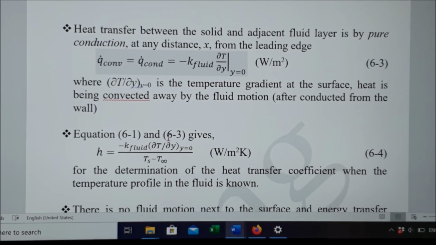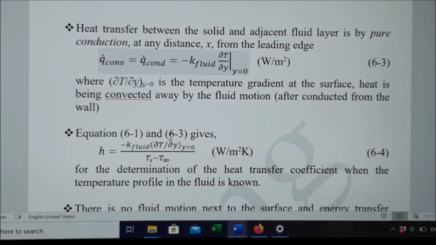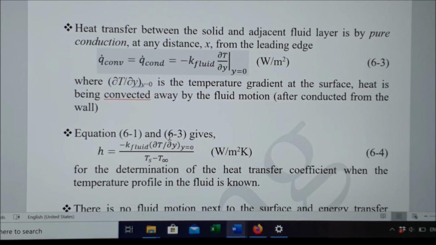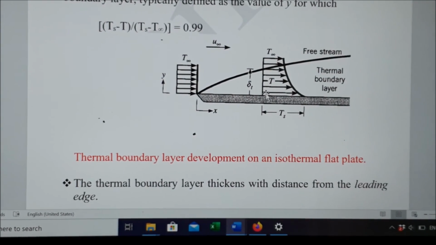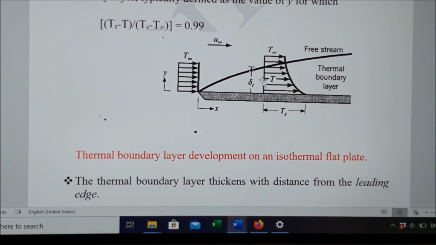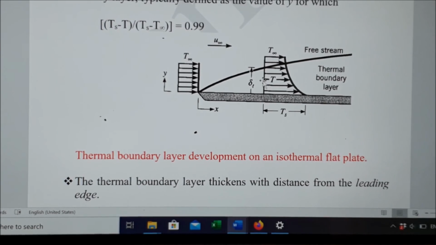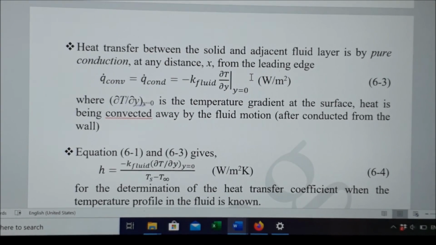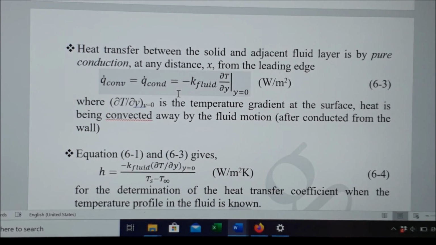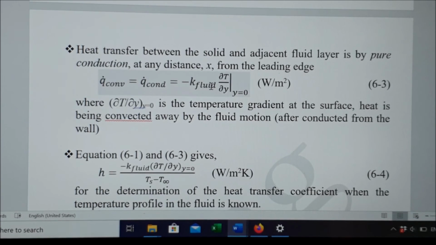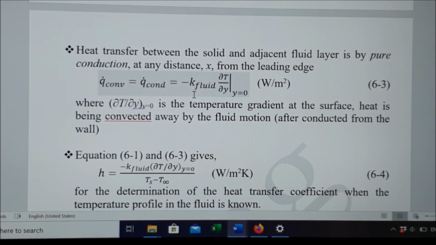Let's have a look at how the convective heat transfer coefficient decreases from the leading edge. You have pure conduction at the interface between the solid and the adjacent fluid, as discussed in earlier chapters. If you do an energy balance, the conduction given by Fourier's law would equal Newton's law of cooling.